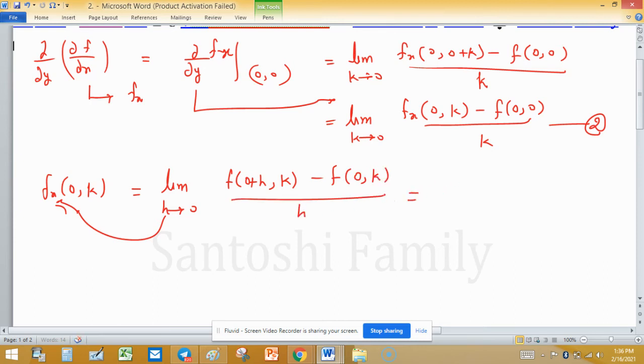This equals the limit as h tends to 0 of [f(h,k) minus f(0,k)] divided by h. As the x coordinate is 0, by the defining structure of f, this value will be 0.